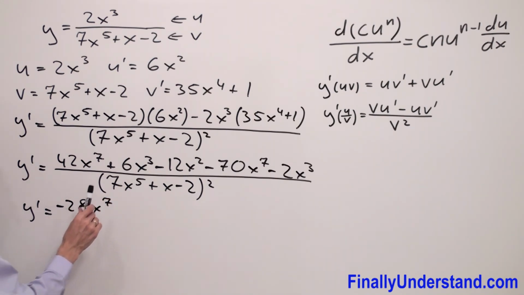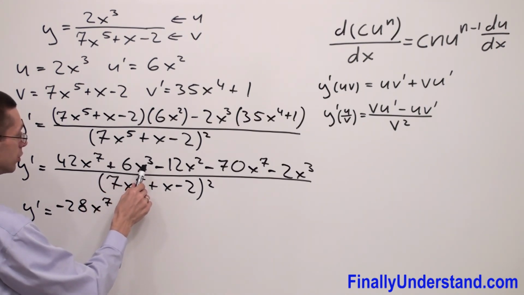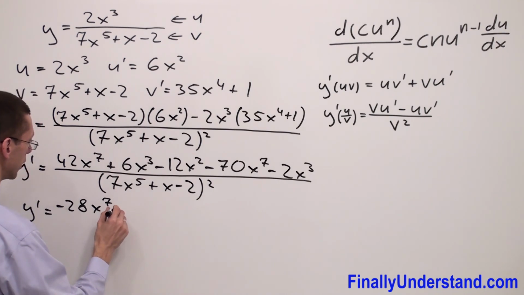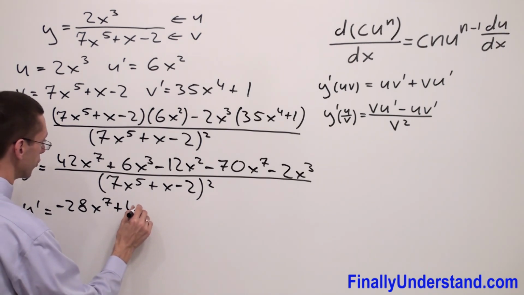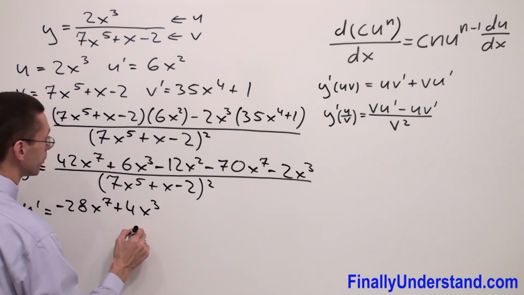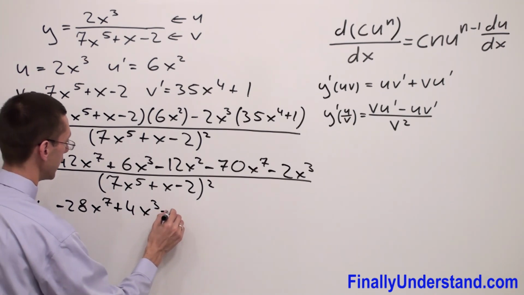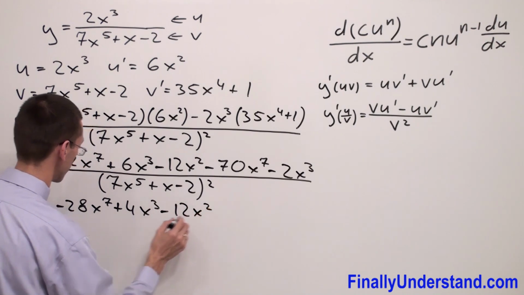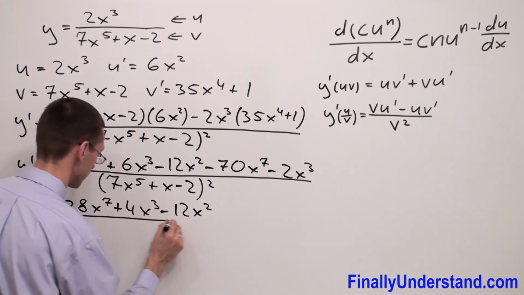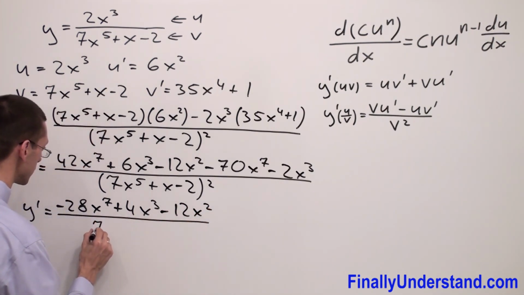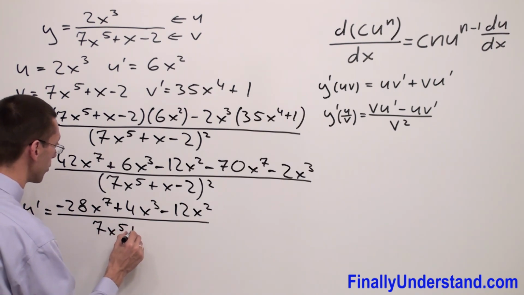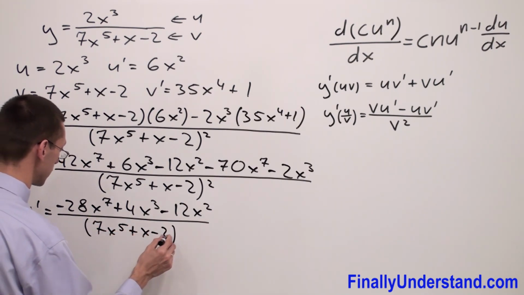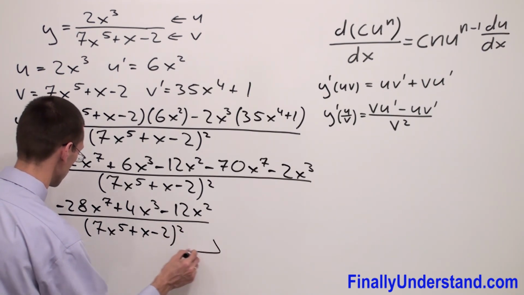And I have 6x to the third and negative 2x to the third. This is equal to positive 4x to the third. And I have minus 12x to the second. Everything over 7x to the fifth plus x minus 2 to the second power. And this is my solution to this problem.